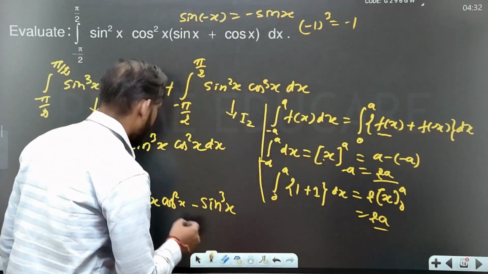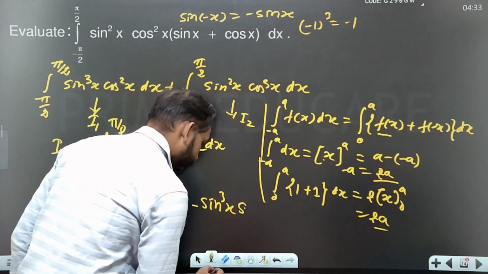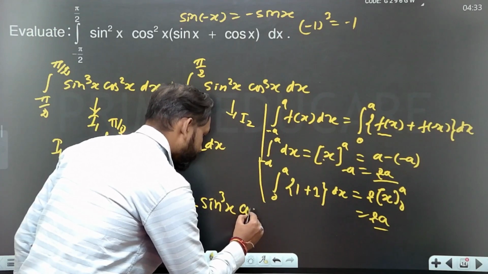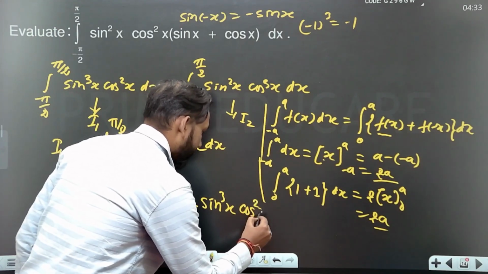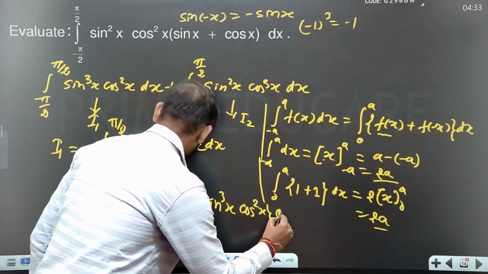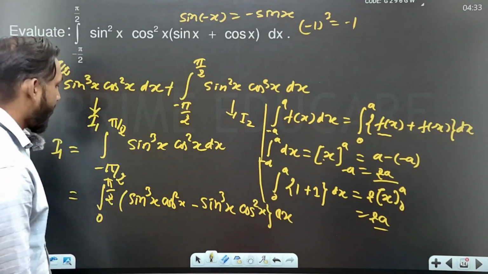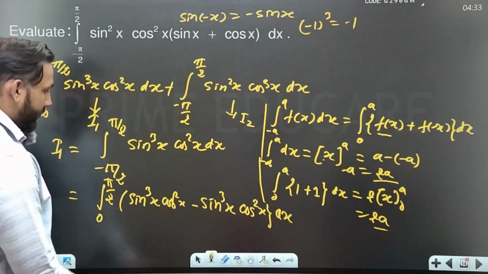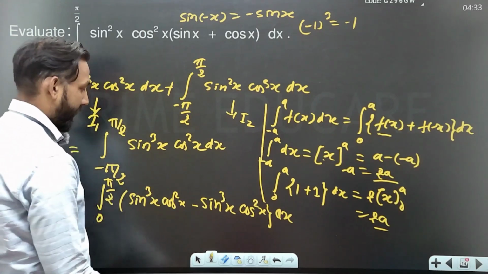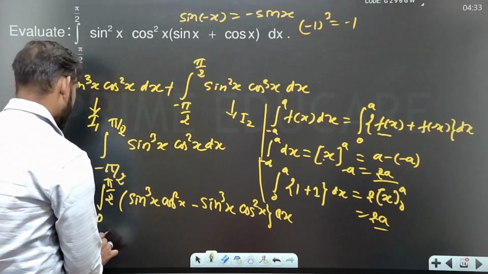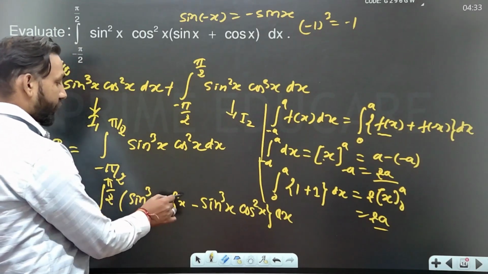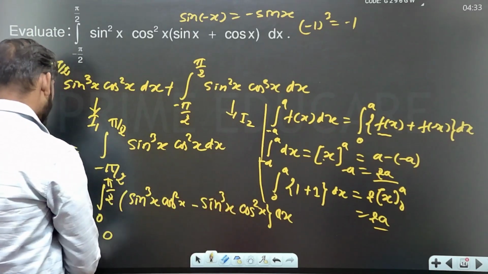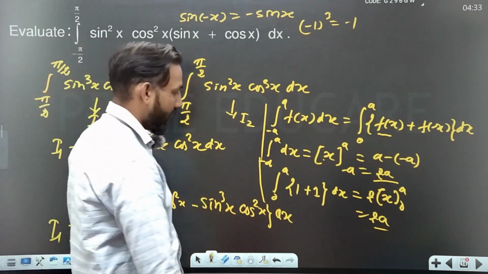Now you can write here cos square x as it is and then dx. This and this are same, and the value of I1 is 0 because sine cube x cos square x minus sine cube x cos square x is 0, then I1 will be 0. Yes or no? Okay, great.